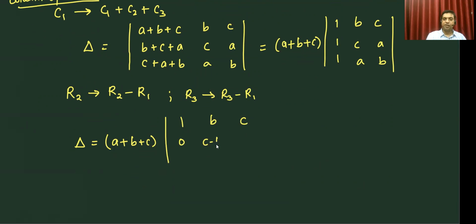Then C minus B is this, and then it is A minus C. 0, C minus B, and A minus C. And then this is 1 minus 1, 0, A minus B, and B minus C.